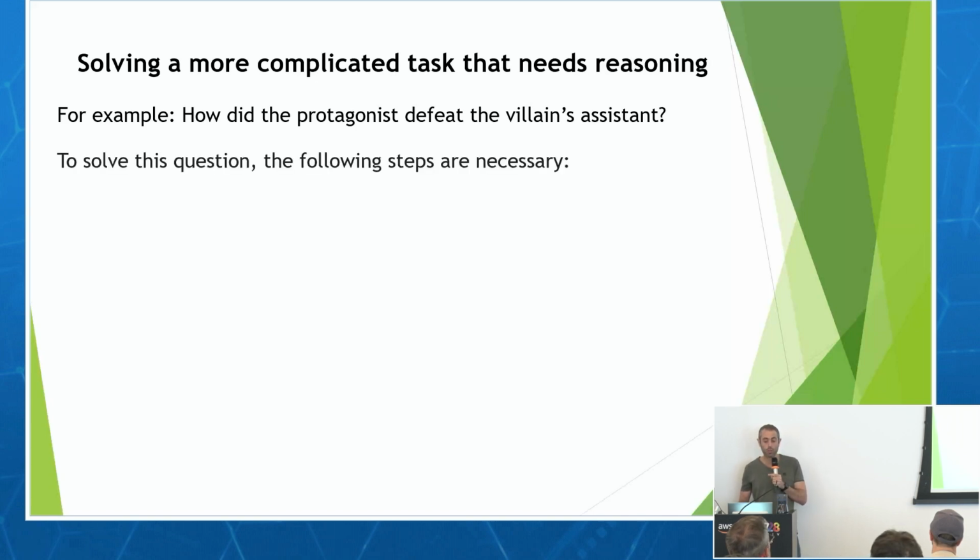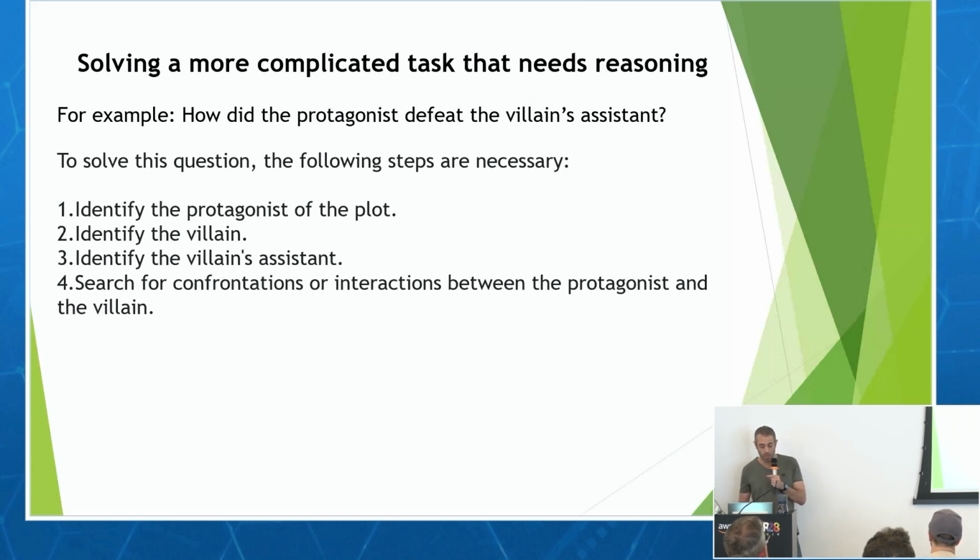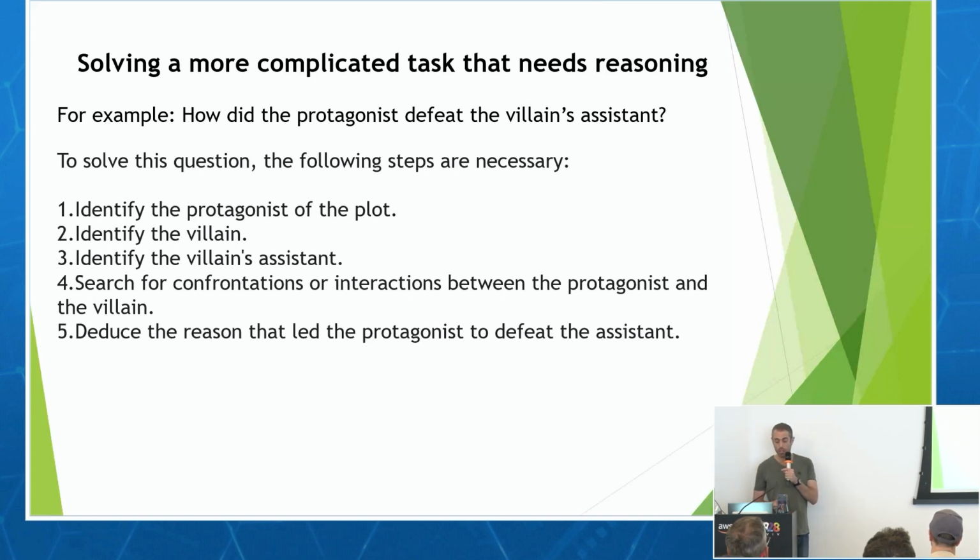So in order to solve it, we need to first identify the protagonist of the plot. Who is it? Then we need to identify who is the villain. And then to identify who is the villain's assistant. Then we have to search for any kind of confrontations or interactions between the protagonist and the villain. And only finally, we can try to deduce the reason that led the protagonist to defeat the assistant.